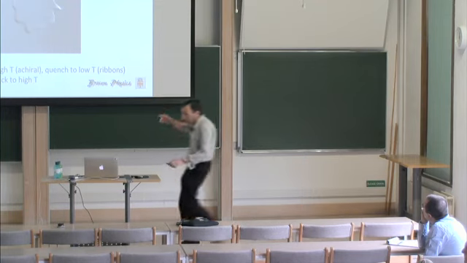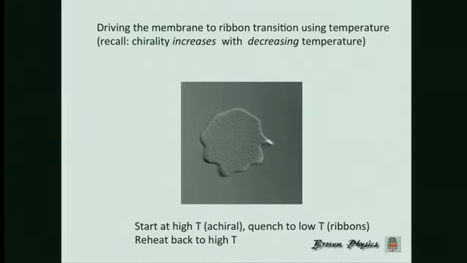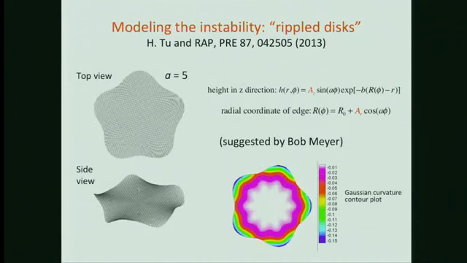And it's that idea of rippling that I want to go to next within the context of our theory. So these are referred to as rippled disks. Here is a cartoon view based on a particular model I'll describe in a second, but it is at least reminiscent of what I showed you a moment ago.